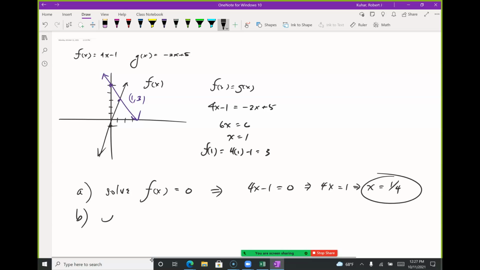B, when is f of x greater than 0? So it's asking me when is that black line above ground, right? And it's always asking me for subdomains. So I know the domain of f is all numbers, but what's the subdomain? When is f above ground, right? And that's when x belongs to 1/4 to infinity.